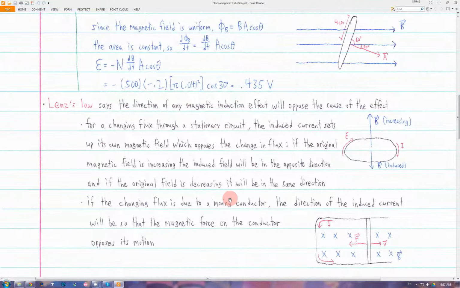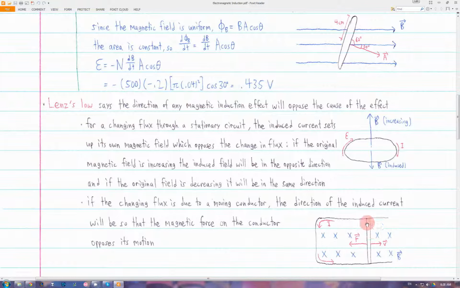Now, in the case of a moving conductor through a magnetic field, then the direction of the induced current in the circuit is going to try to, again, oppose the original effect, which in this case is the velocity of the moving conductor. So here we have this circuit, and a conducting bar is moving to the right, sliding along these wires.